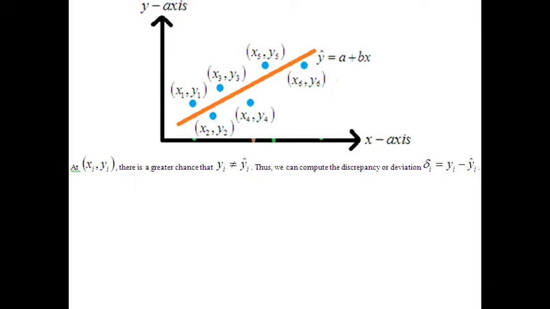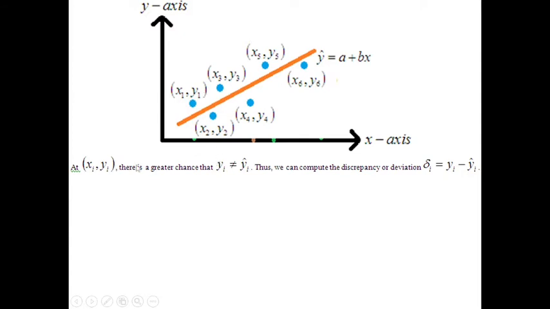So thus we can compute the discrepancy or deviation: delta sub I equals y sub I minus y sub I hat. So this is x sub I, y sub I. At x sub I, y sub I, there is a greater chance that y sub I is not equal to y sub I hat. Let's say x sub 1, y sub 1.